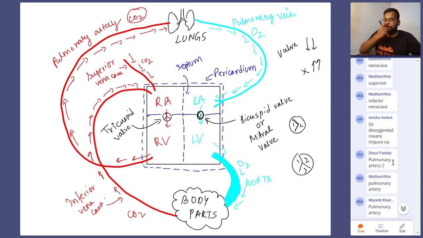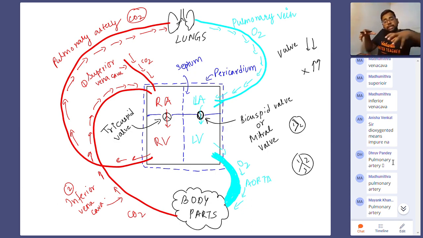Madhumitra is asking, sir, please explain the vena cava types once again. Okay. Please see, vena cava is of two types. One is called the superior vena cava, the other is called the inferior vena cava. The superior vena cava carries carbon dioxide rich, deoxygenated blood from the upper body parts, from the hands and upper body, to the heart.